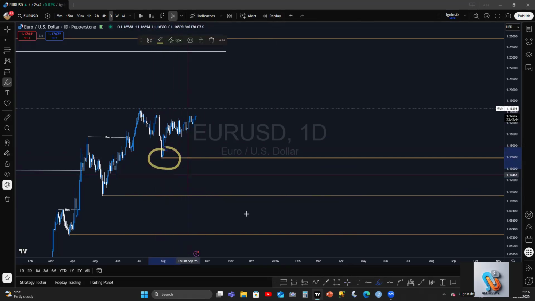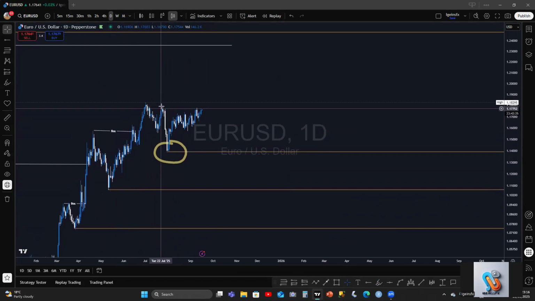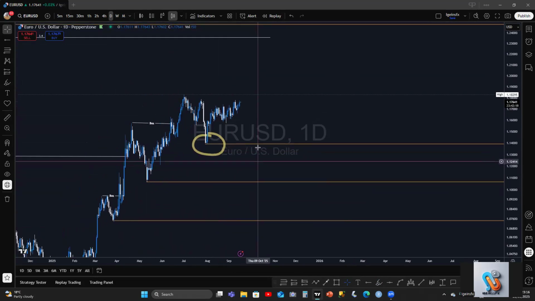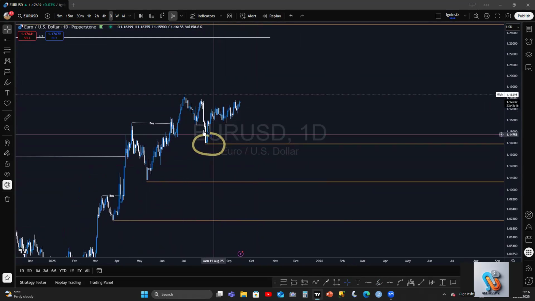When we say buyers are here, we are simply saying that there are orders here to buy. So many orders are here, so they waited as price pulled back to this level. After breaking this structure to the upside, price pulled back to this level, and this level is holding right now.